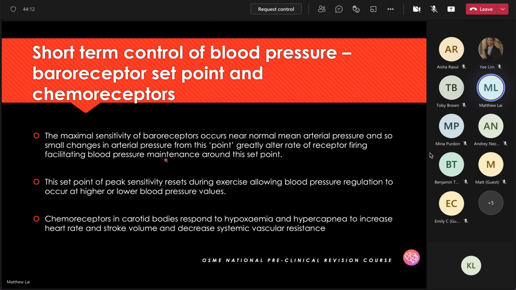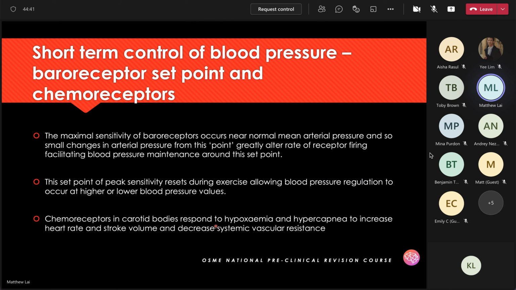And so this allows you to respond quickly to changes in blood pressure. But let's say you're doing exercise and your blood pressure increases. If that happens for an extended period of time, your baroreceptors actually reset, which allows your blood pressure to go higher, and allows you to have the same kind of regulation at higher blood pressure values.